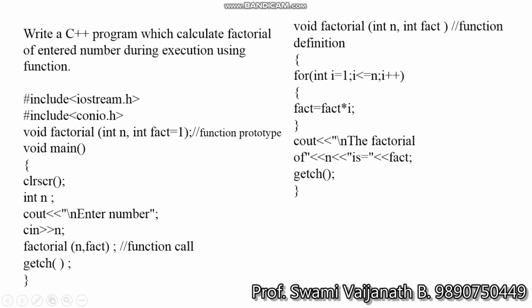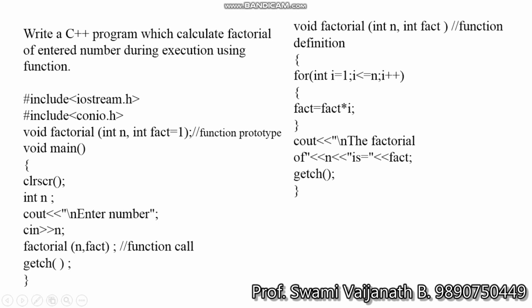The function prototype is a statement which contains the return type, function name, and formal argument list, and each formal argument has its own data type. That statement is declared above the main function or in the main function body, so here void factorial int n, int fact is equal to 1.